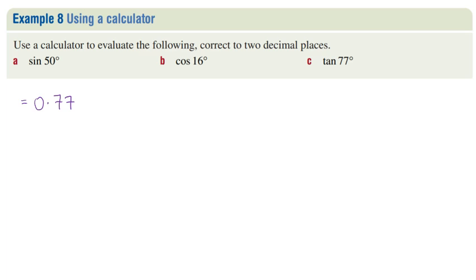Alright, then try pressing the cos button, cos 16 equals, and you should get 0.96. And the last one, tan 77, which equals 4.33.